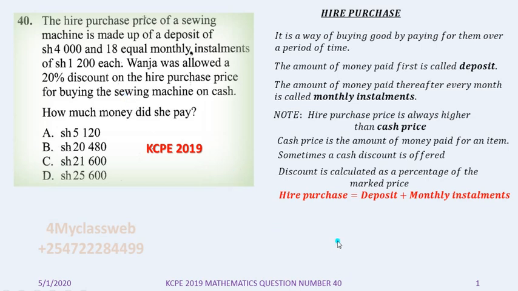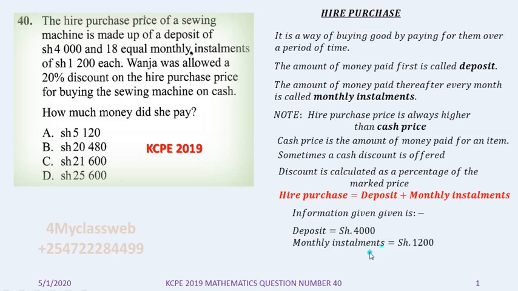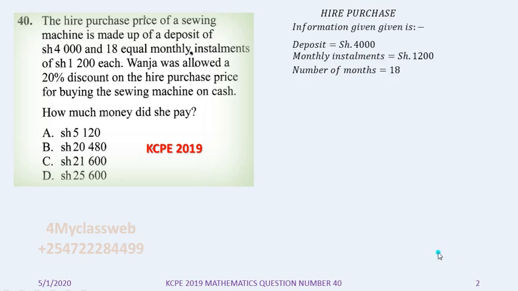So, the information that we are given from this question, one of the information given is the deposit that this person paid, the 4,000 shillings. And then we know the monthly installment is shillings 1,200 for a period of 18 months.